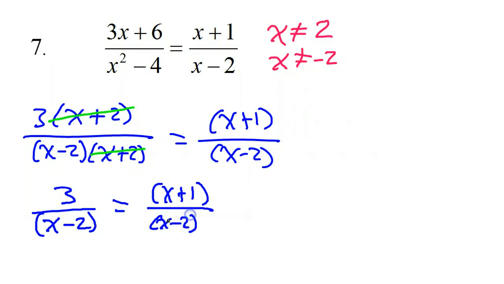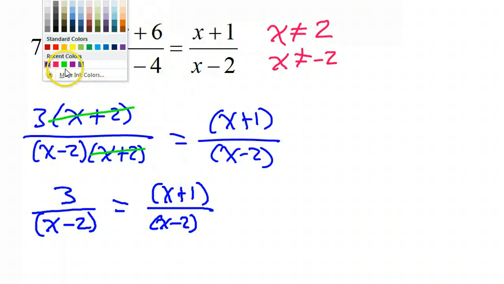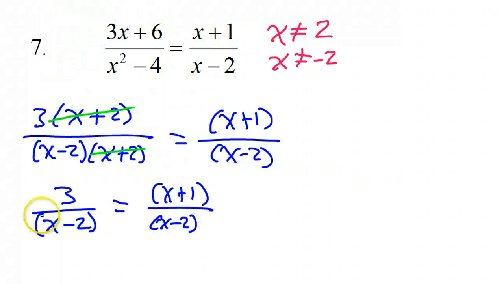x minus 2. Now I could cross multiply here, since I just have a fraction equal to a fraction. But actually, the easiest thing to do is to continue to multiply by the denominator. So especially since the denominators are the same. So if I just multiply both sides by x minus 2, because that's my common denominator, then look what happens.